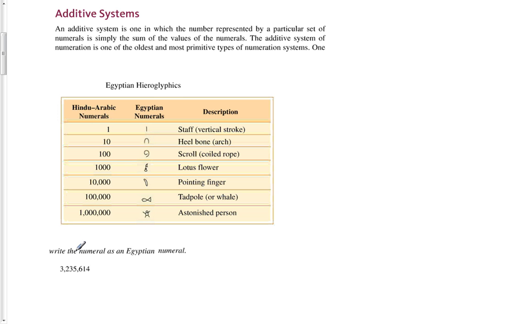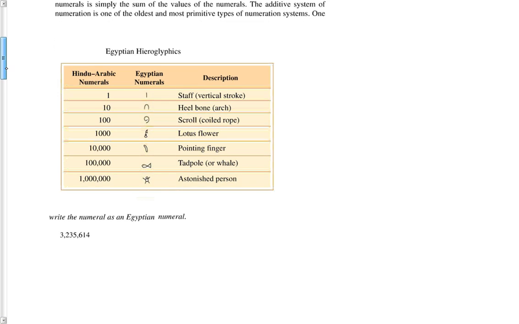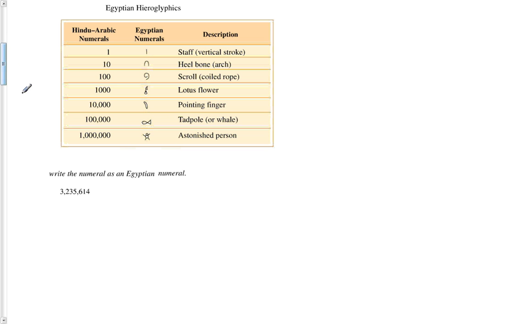For this problem, remember the additive system: we're just going to add up the value of all the numerals present. So write the number as an Egyptian numeral. This number is 3,235,614. Since I'm going to add up, I have to make 3 astonished people to represent the 3 million.